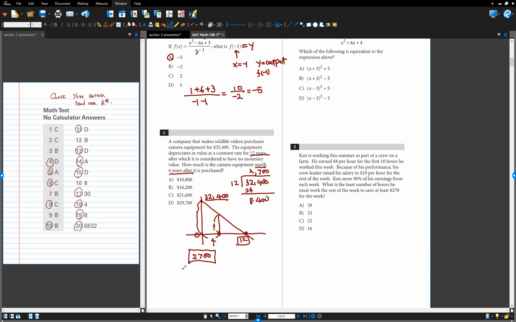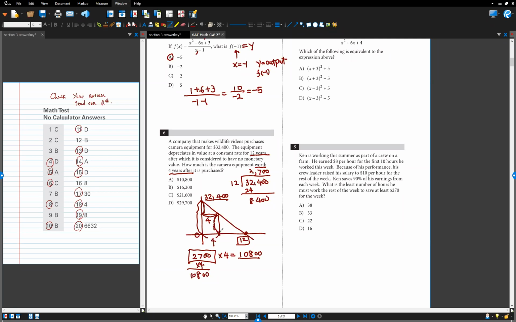So how much does it decrease after 4 years? This is the decrease for one year, so you multiply by 4. 2,700 times 4 is 10,800. This is the decrease over 4 years. But we're going to find the price after 4 years.